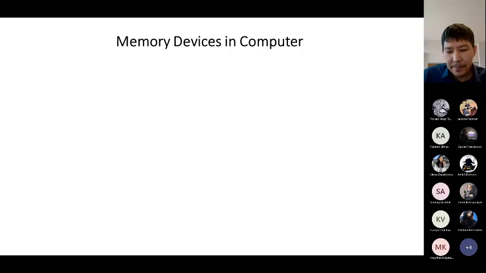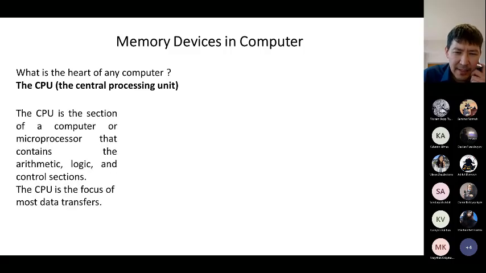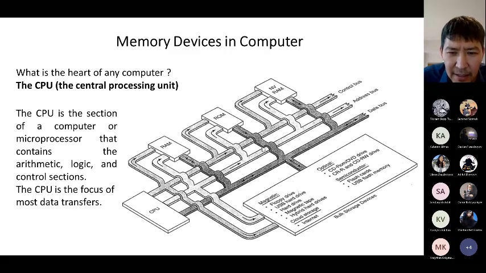Okay, so what's the heart of any computer? Processor. Yes, it's the central processing unit. For example, let's consider this figure. You can actually find this in the book, chapter 11.